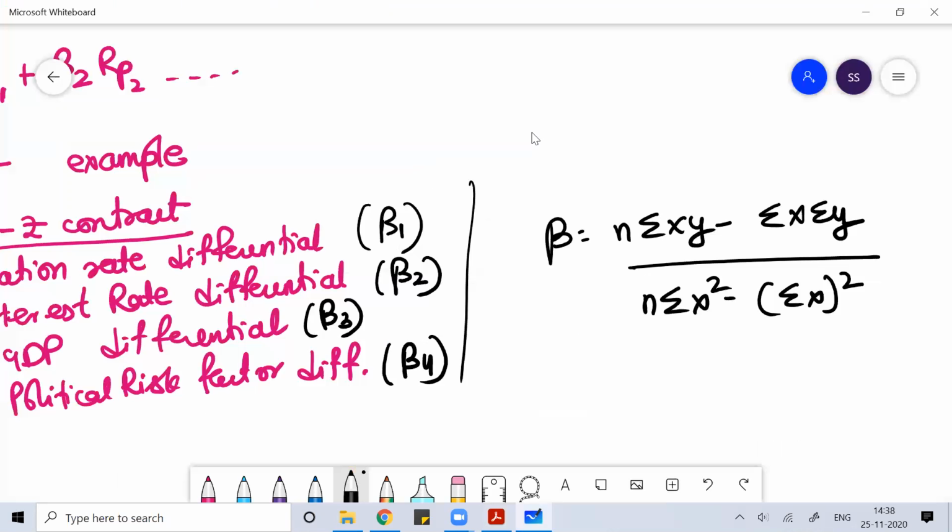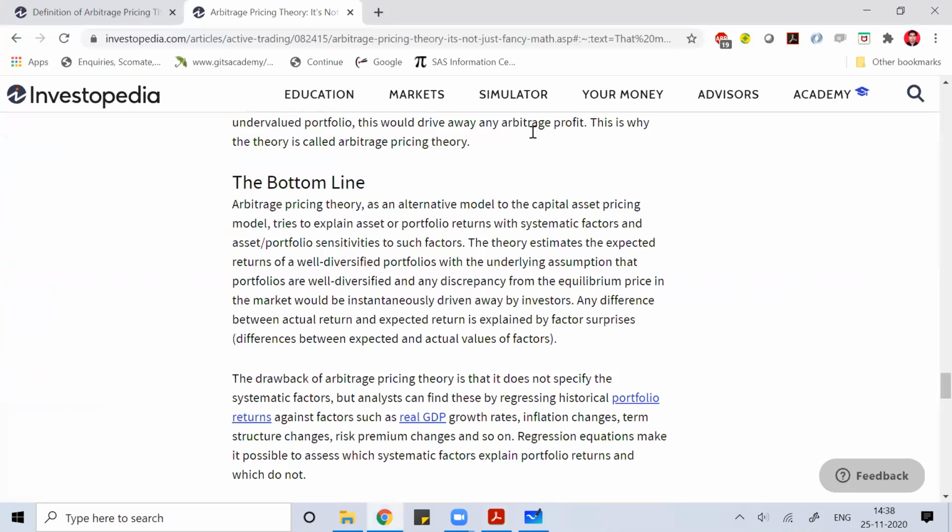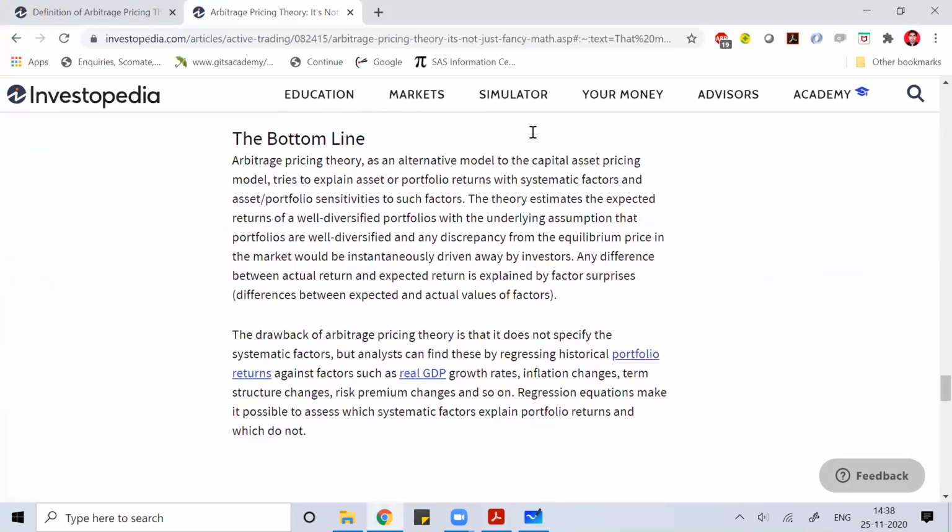But working on a similar model, by applying the arbitrage pricing model to create the possibility of arbitrage, or to identify a value stock where we can actually get a return more than the market, is a little bit difficult.